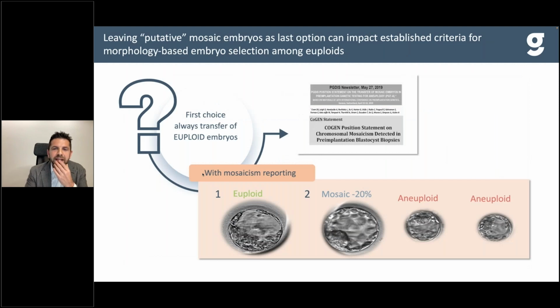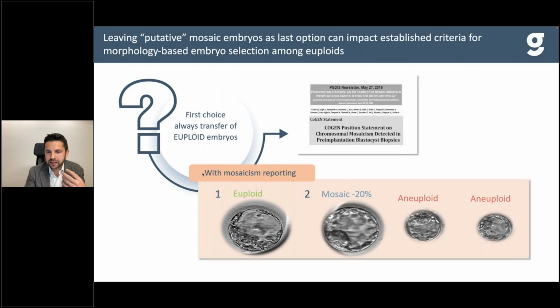So my final slide is about how to manage embryo selection also in the context of morphology and mosaic findings. We know that there were some scientific societies suggesting that first choice should always be to transfer euploid embryos over mosaics without any consideration about morphology.